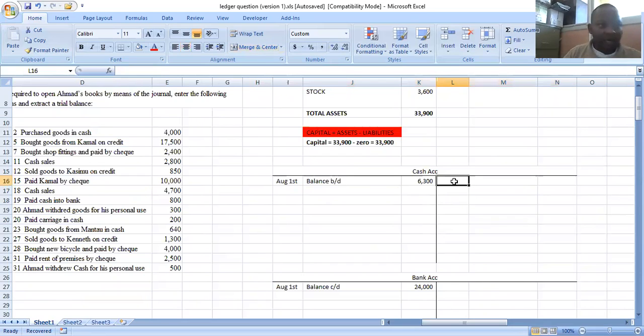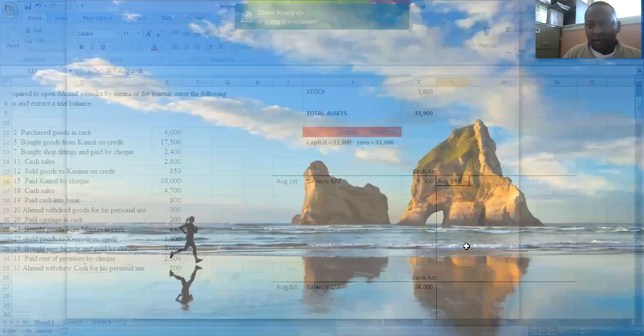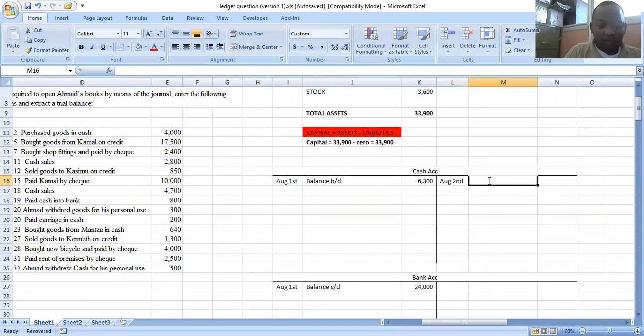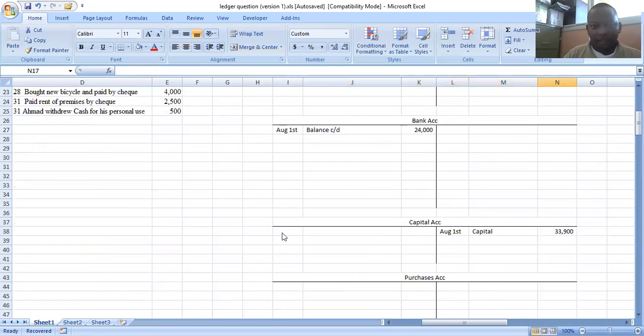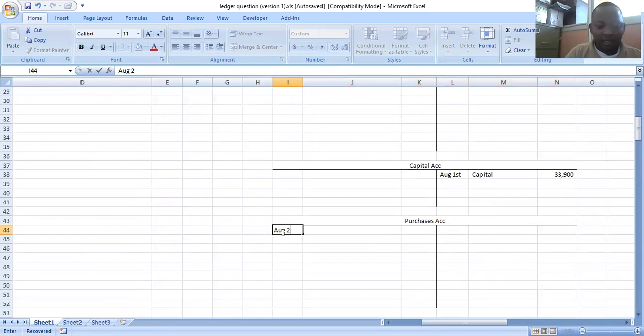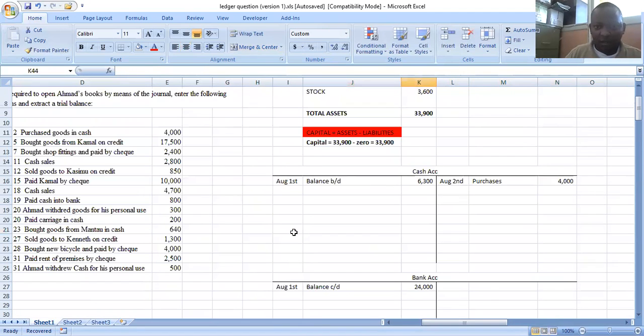On August 2nd, we credit cash, by purchases, and the amount is 4,000. And then debit purchases: August 2nd, debit purchases by cash, and the amount is 4,000 shillings.